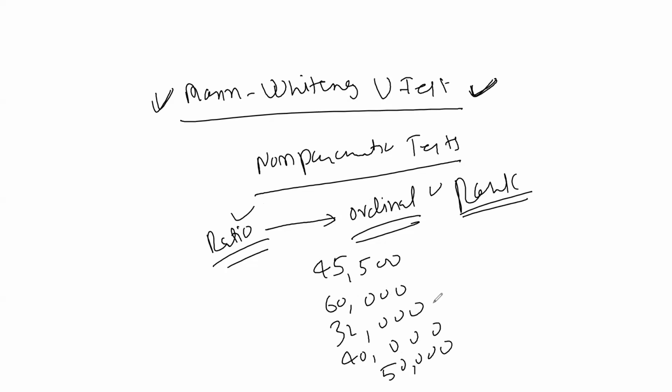So I give rank 1 to the one whose salary is highest, then rank 2, rank 3, rank 4, and rank 5. Is it clear? So in the Mann-Whitney U test, we compare two medians. Instead of the mean, here we basically use the mean rank.